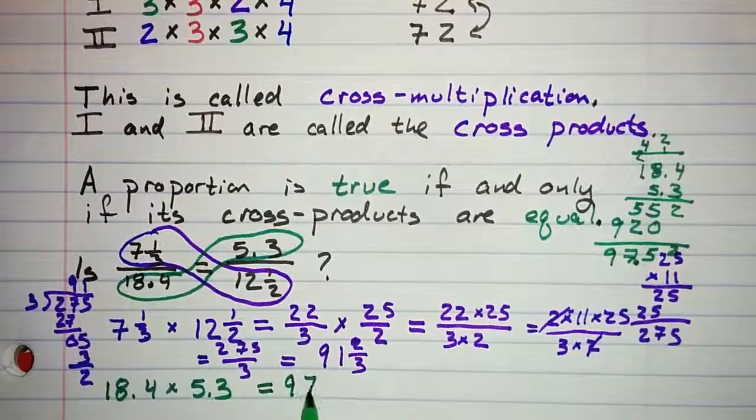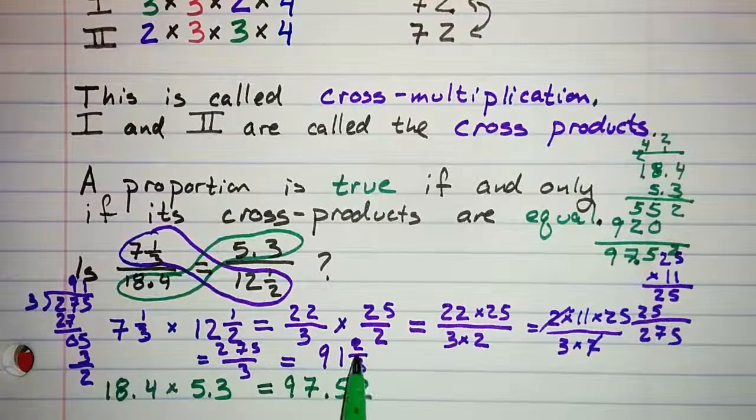I get 97.52. So 91 2/3 is definitely not equal to 97.52.